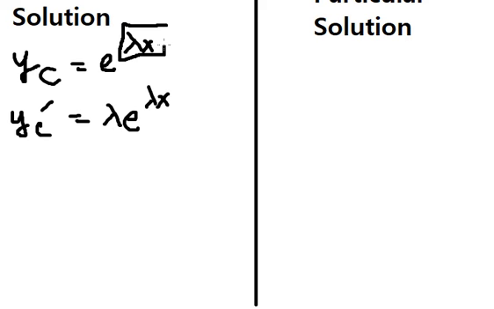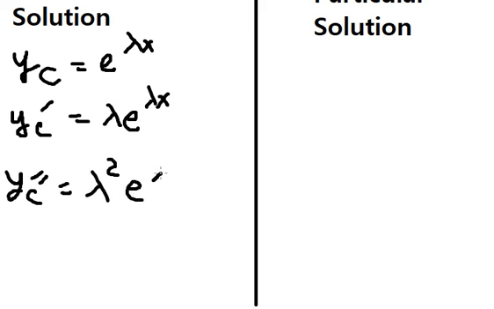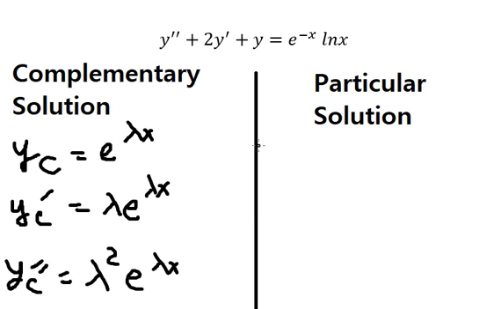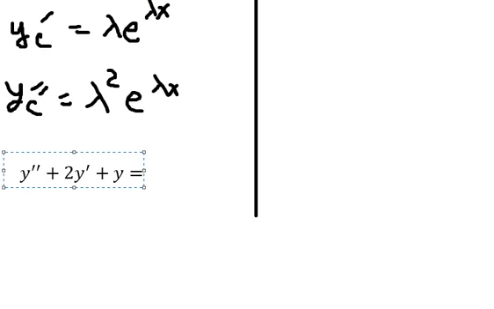Later we do the first derivative of lambda s, you get lambda. Now we go to the second derivative of yc and we have lambda square e to the power of lambda s. Because this is about the complementary solution, I will put this one equals to number 0.